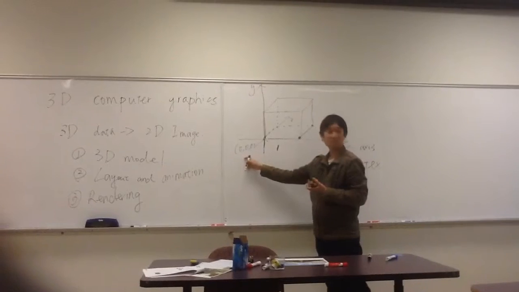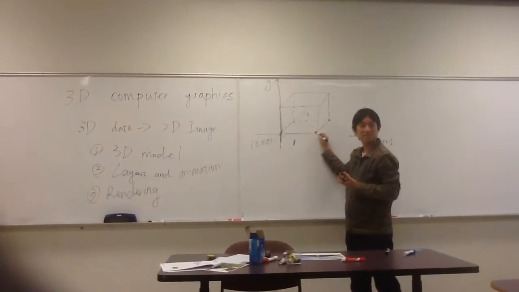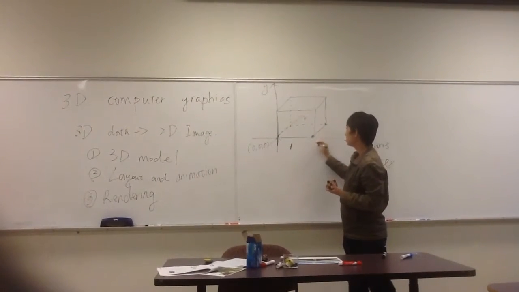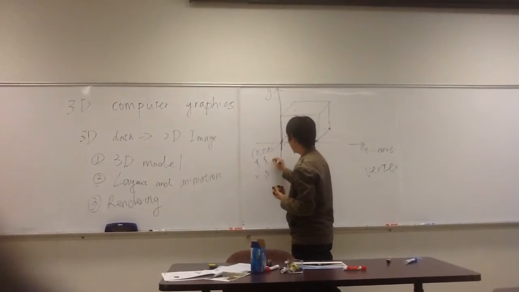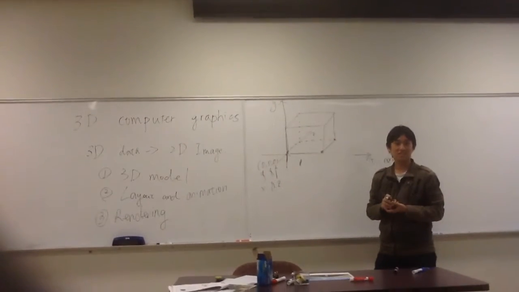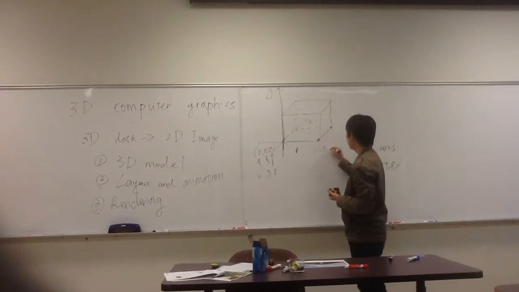This is the coordinate. So how about this point's coordinate? 1, 0, 0. Is it x, y, z, the 0, 0, 0? Oh, sorry. Yes, this is for x, this is for the y-axis, and this is for the z-axis. 1, 0, 0. Yes, this one should be 1, 0, 0.